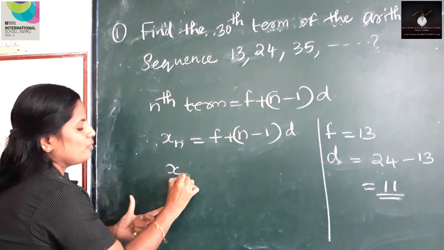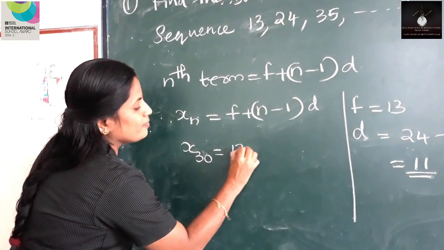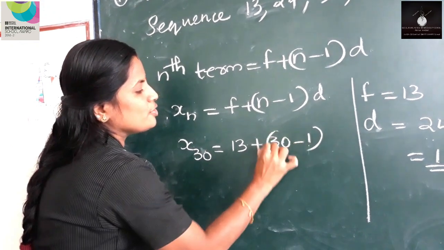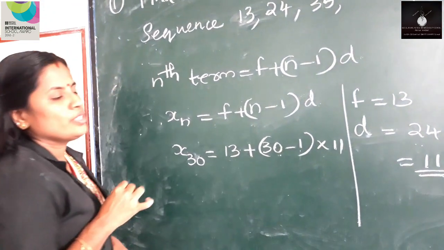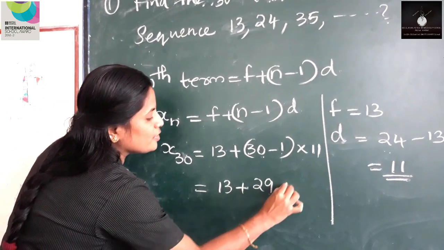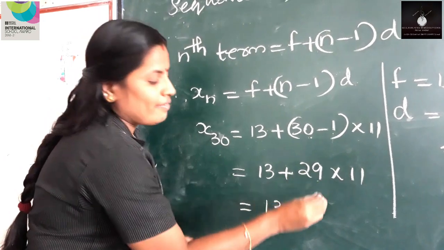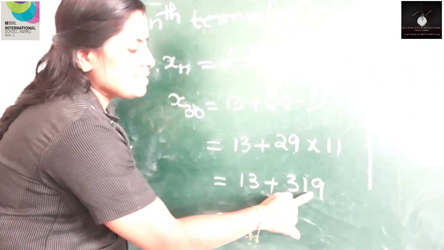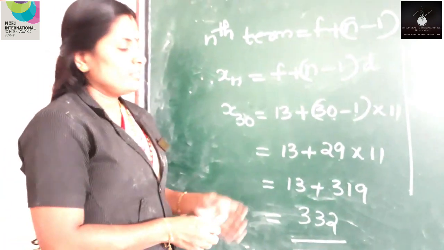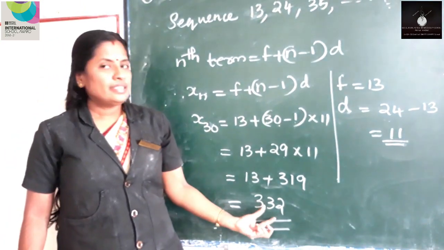Then x30, which means the 30th term, equal to f, that is 13 plus 30 minus 1 into d. d equal to 11. 13 plus 29 into 11. 29 into 11 is 319, 13 plus 319 equal to 332. The 30th term of this arithmetic sequence is 332.